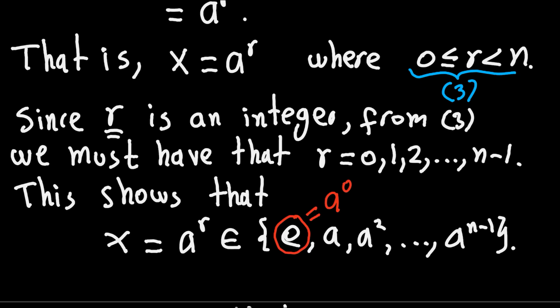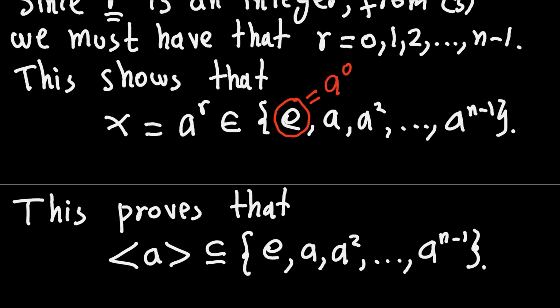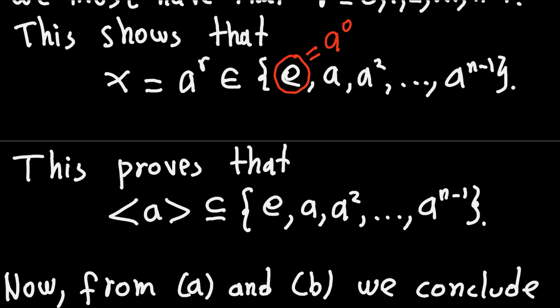So that means x is equal to a to the r, and this exponent here is either 0, 1, 2, up to n minus 1. That means this expression here is in this list. So that proves that x is here. What we have shown is that this set is included in this one. Why?